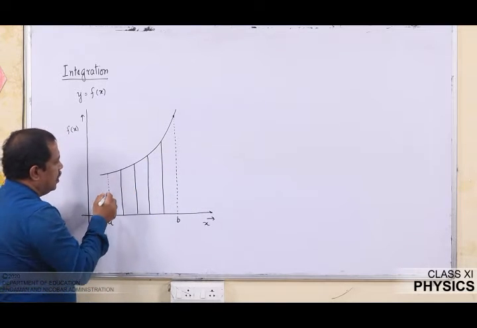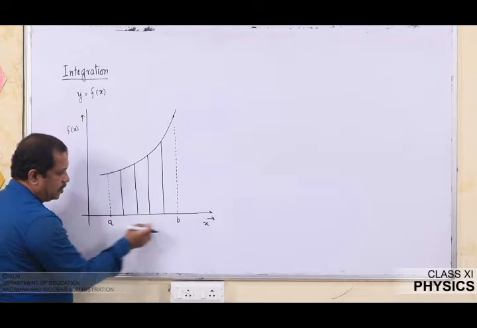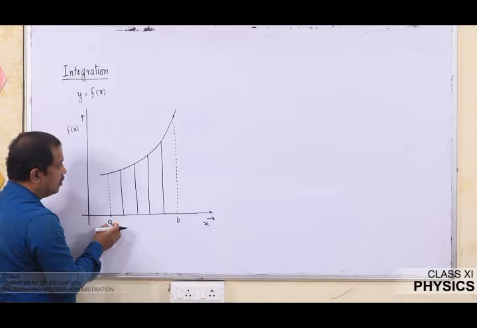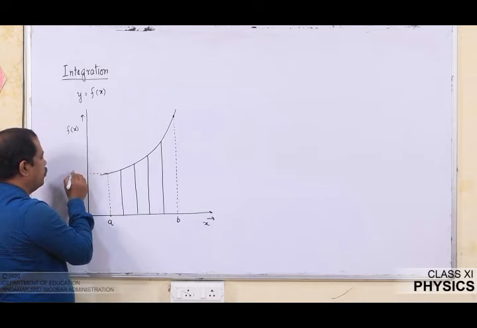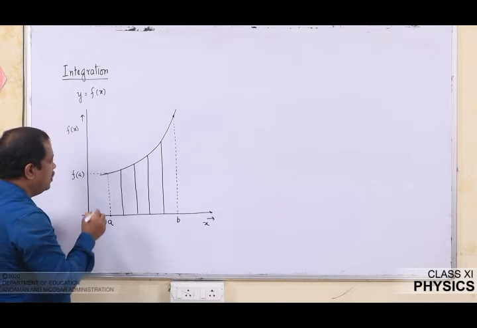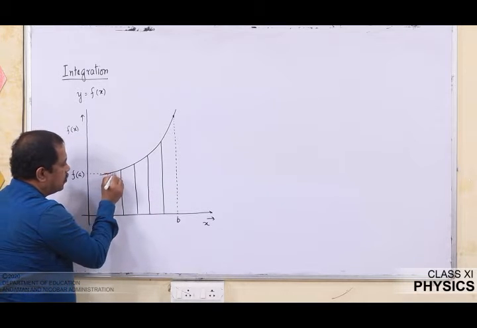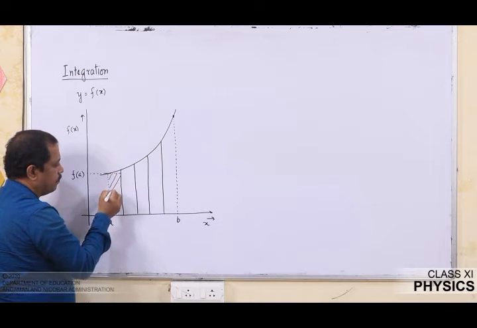Then I see that at this particular value, when x is equal to a, the value is f of a, and here I am going to draw one horizontal line. I am going to take this area.